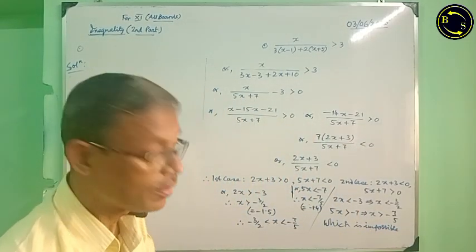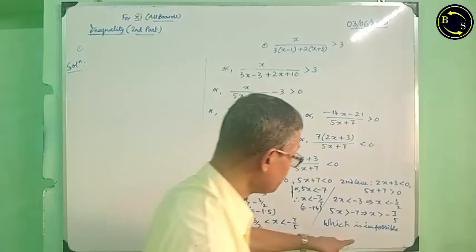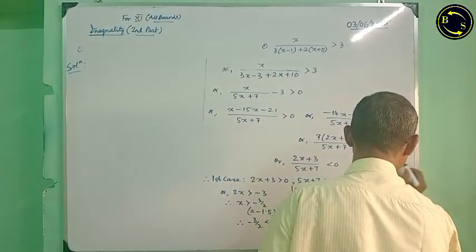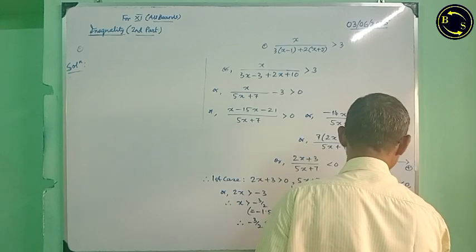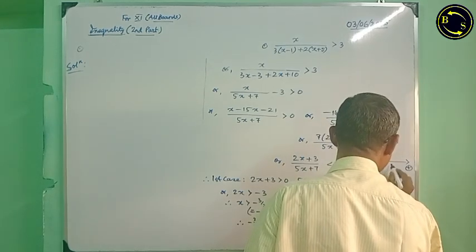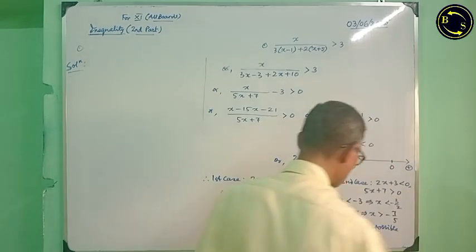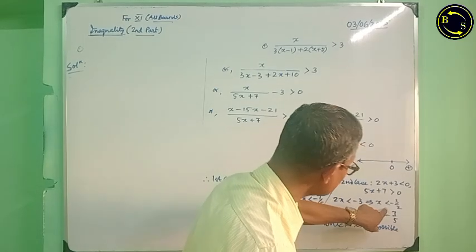You can take help of the number line here. x less than minus 3 by 2.